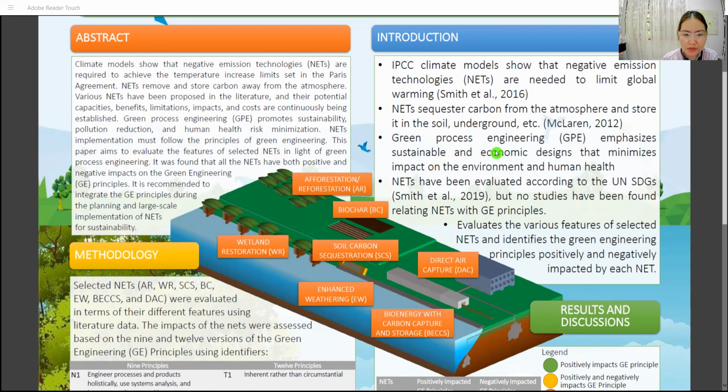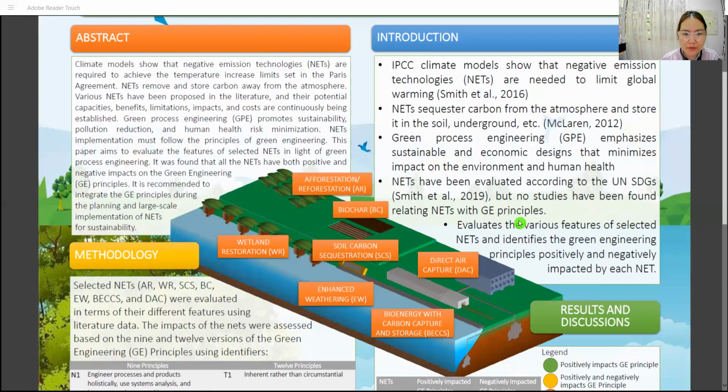Green process engineering emphasizes sustainable technological and process design that have minimum impact on the environment and human health. In implementing NETs on a large scale, it is therefore important to consider green process engineering for sustainability and protection of human welfare. NETs have been evaluated according to the UN SDGs, but no studies have been found evaluating NETs according to the green engineering, or GE, principles.